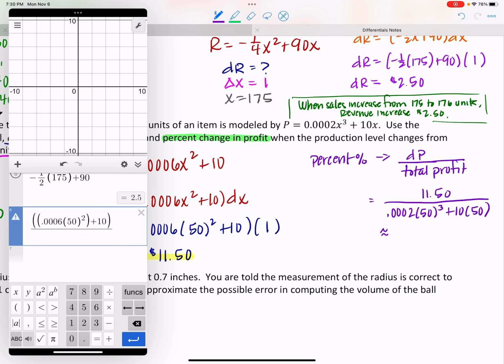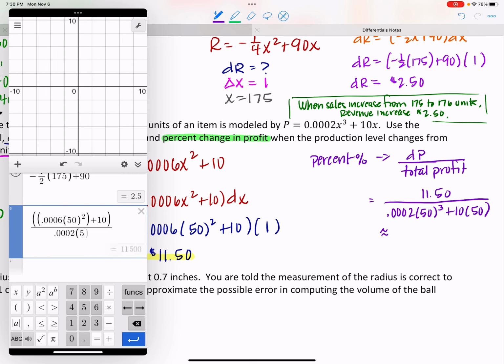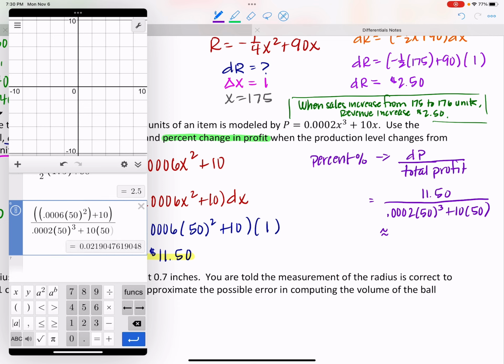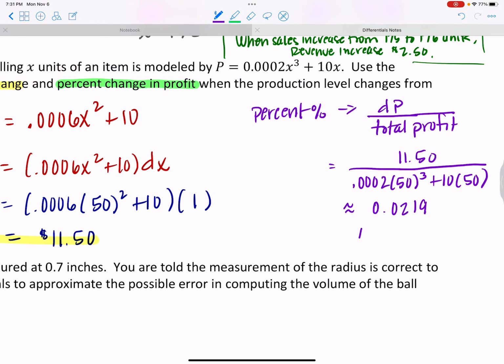So I already have 11.50 on top, and on the bottom, 0.0002 times 50 to the third power plus 10 times 50. Yeah, we get 0.0219-ish.